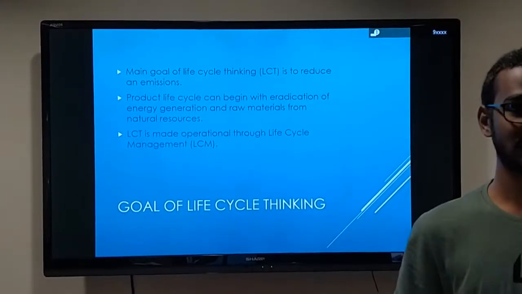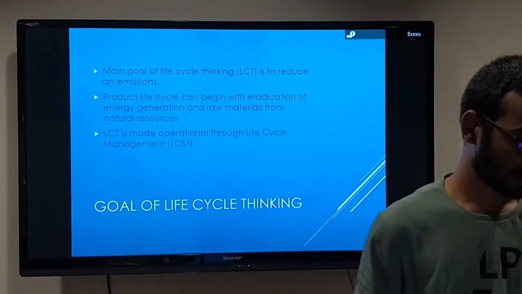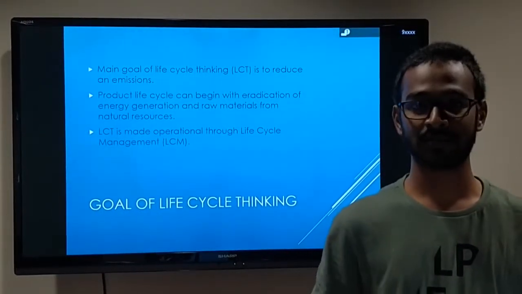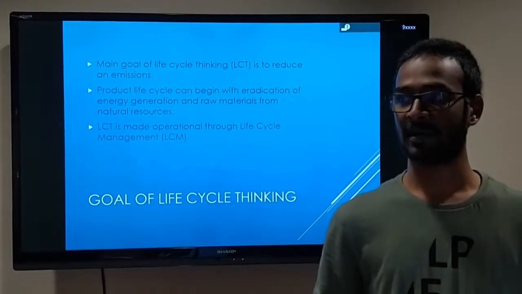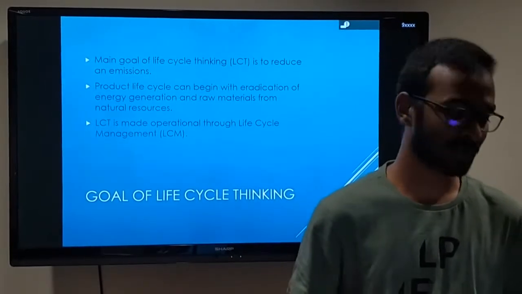Coming to the major disadvantages of the system: root vegetables cannot be grown in aquaponics, such as carrots and potatoes, etc. Root vegetables don't grow in aquaponics.